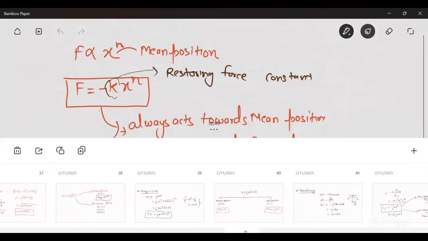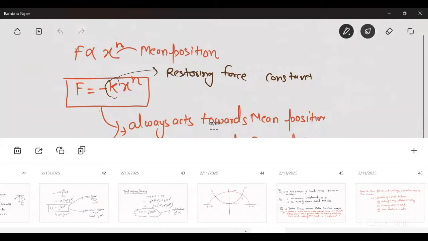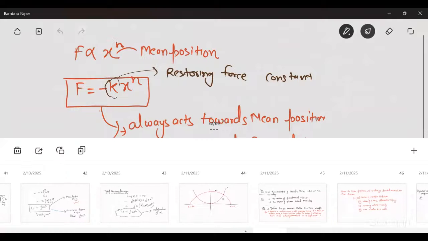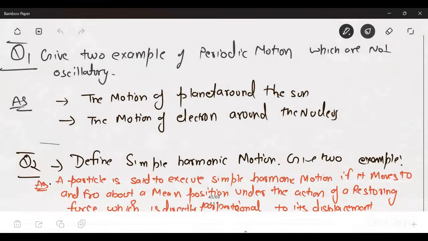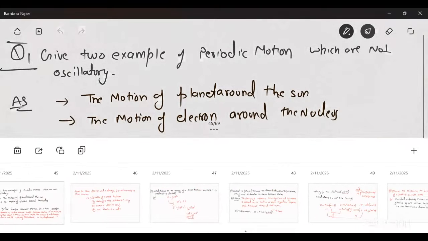A particle is said to execute simple harmonic motion if it moves to and fro about a mean position under the action of a restoring force which is directly proportional to its displacement. We have described this question earlier, so you have to write this definition.